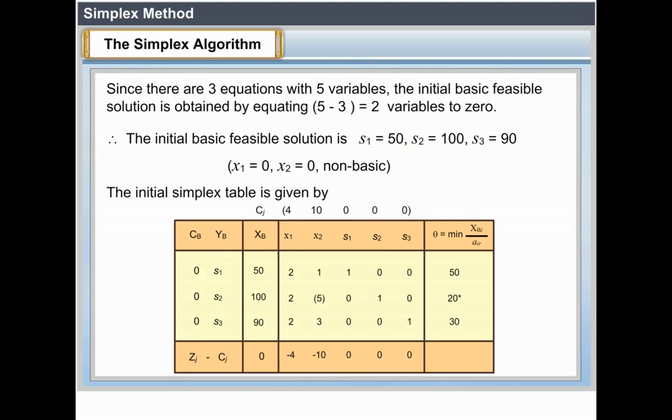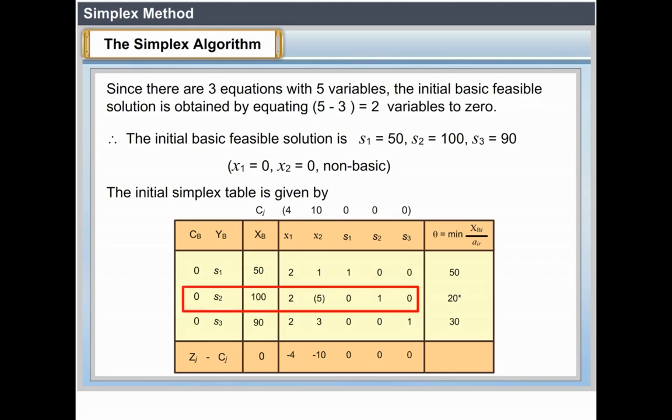Then we fill the XB column, X1, X2, S1, S2, S3, reading row by row. First row: 0 for CB, S1 for YB, 50 for XB, 2 for X1, 1 for X2, 1 for S1, 0 for S2, 0 for S3.